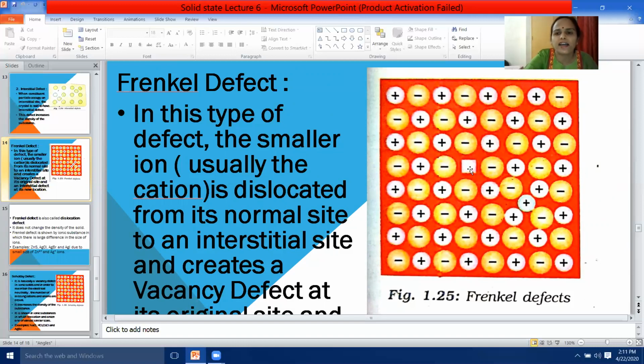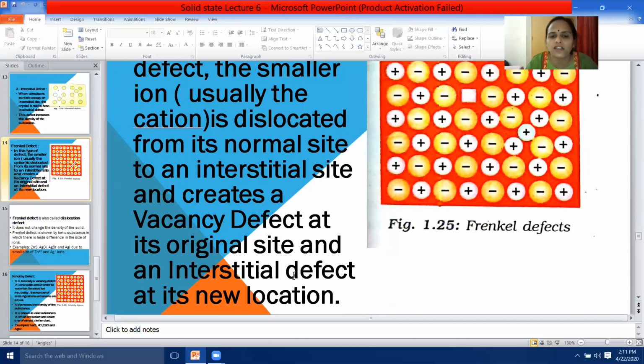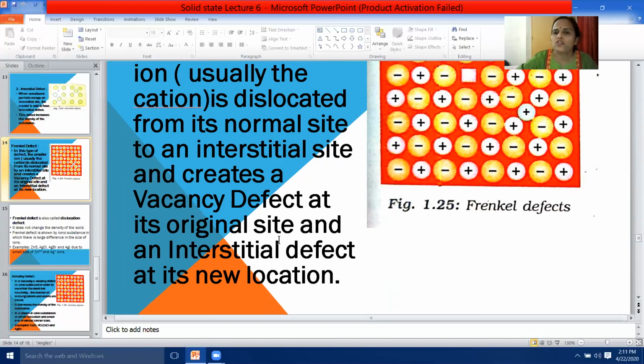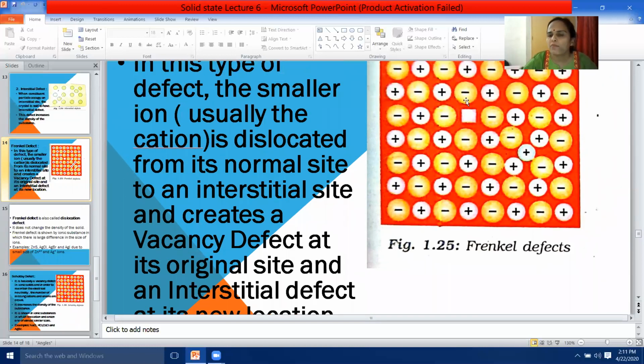Usually the cation is dislocated from its normal site and it creates a vacancy defect at its original site, and it occupies the interstitial position. It creates an interstitial defect at its new location. You can see in this diagram, following the cursor movement, the plus part is missing from this diagram.